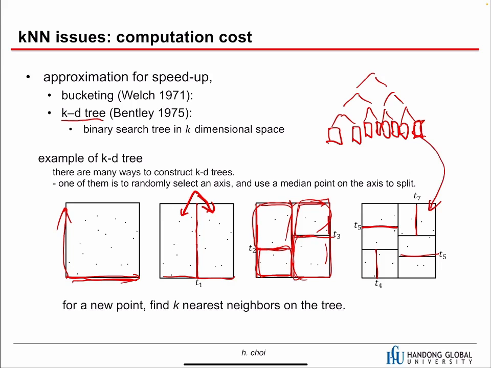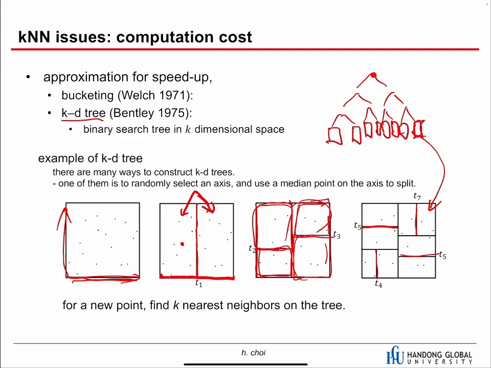When we have a new data sample, we have to find its k nearest neighbors. Instead of calculating the distances between the test sample and all the training samples, we use this binary search tree. From here, we know which axis we used to split. Let's say the new sample x is here.